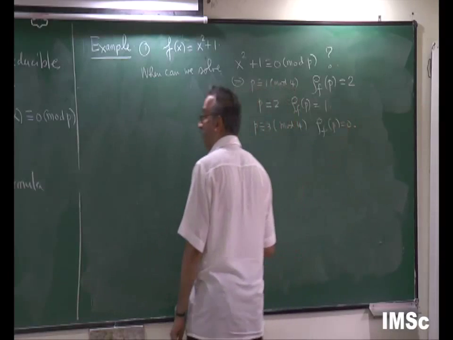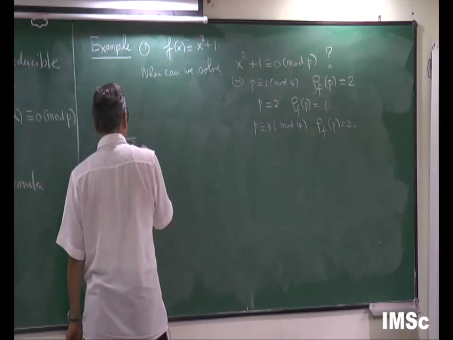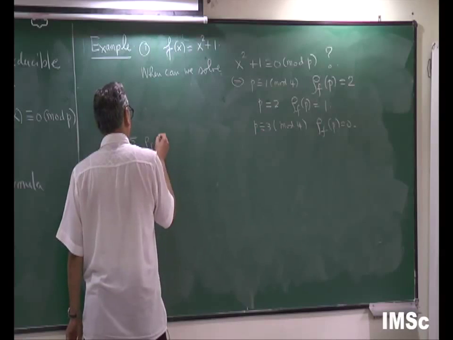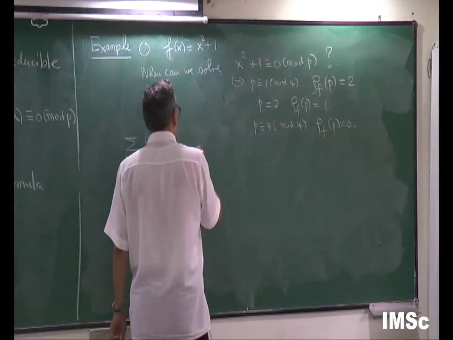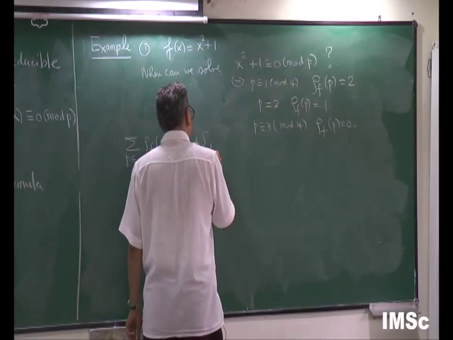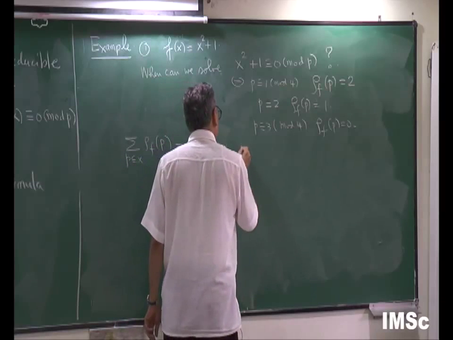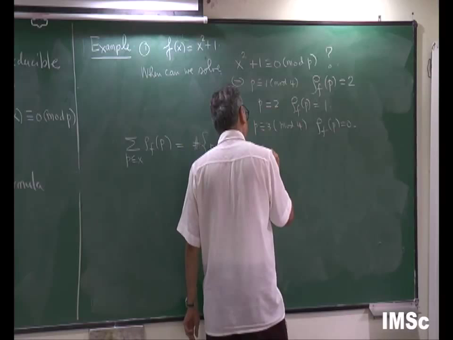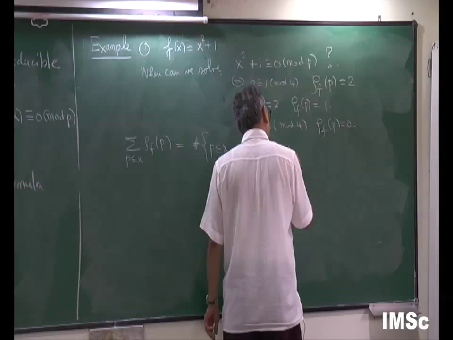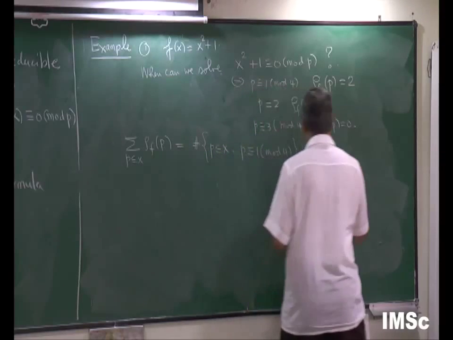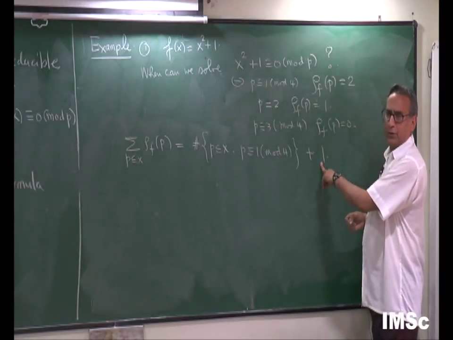So my problem of counting these solutions is really the number of primes up to x congruent to 1 mod 4 plus 1 because of the p equals 2 case.